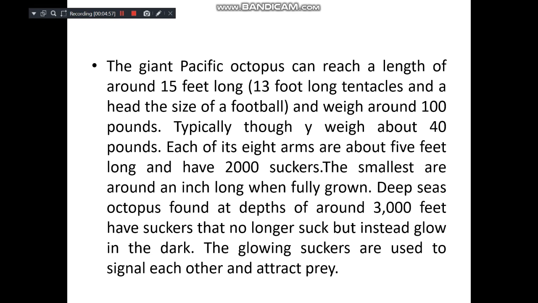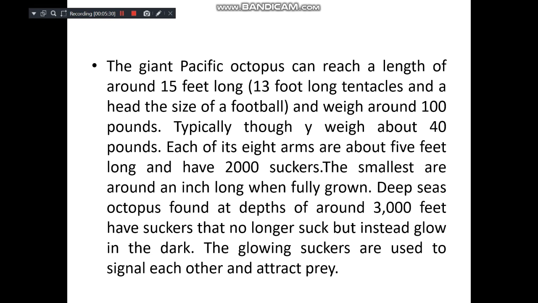Here, the food is not used as a sucker. There are two rows of suckers, which are helpful for attachment. Out of these suckers, the glowing suckers are used to signal each other and attract the prey.